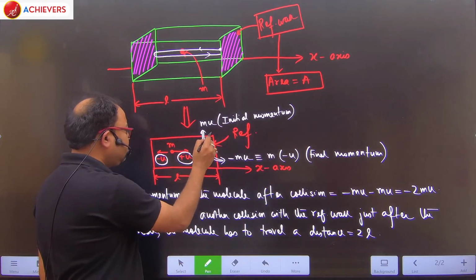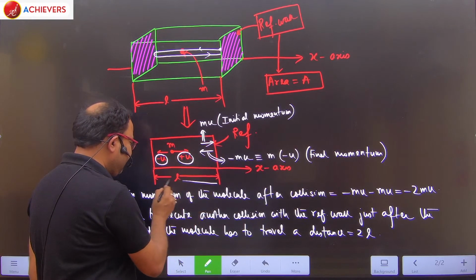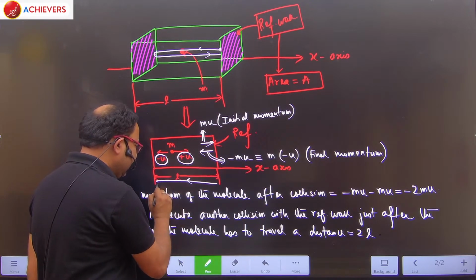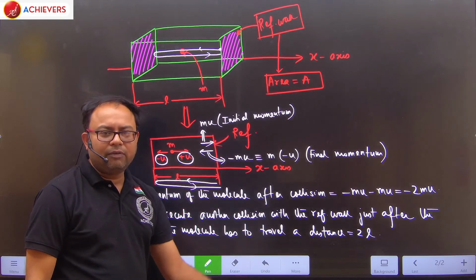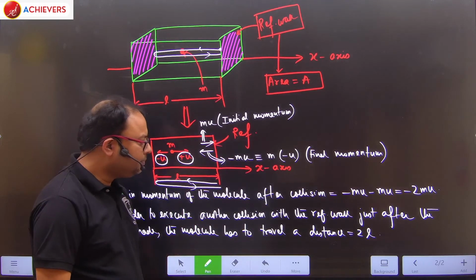At first it has to go in this direction, then it has to come back in this direction. So it needs to travel a distance of 2L.